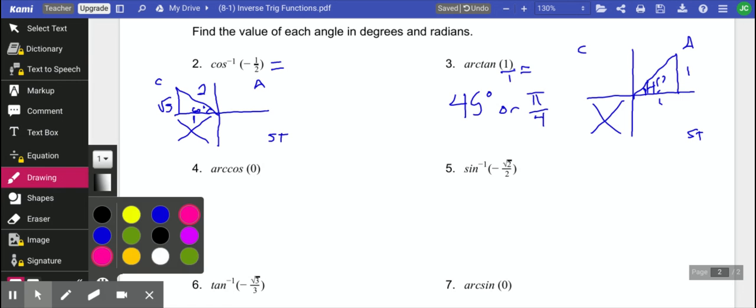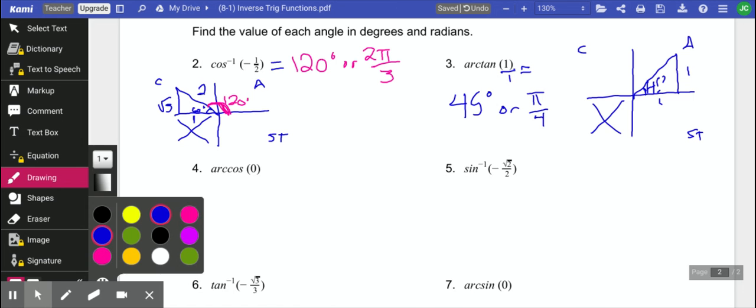However, our answer is not 60 degrees because we're in the second quadrant. 60 degrees is not in the second quadrant. We need this angle. So this angle is 180 minus 60, which is 120. So the inverse cosine of -1/2 is 120 degrees, or when we put that into radians, 2 pi over 3.